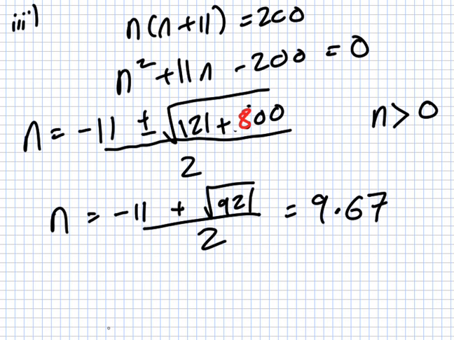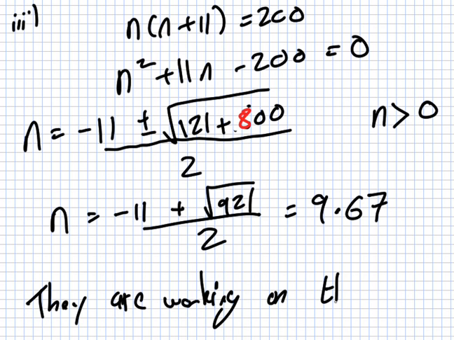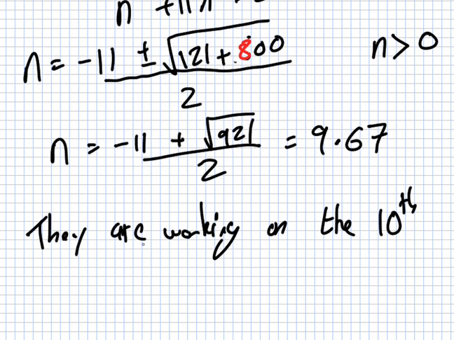How many floors have been completed? 9. They're 9.5. Yeah. So they're working on which floor? The 10th floor. So they are working on the 10th level, the 10th floor.